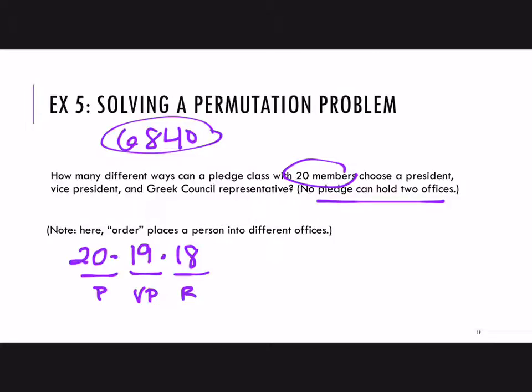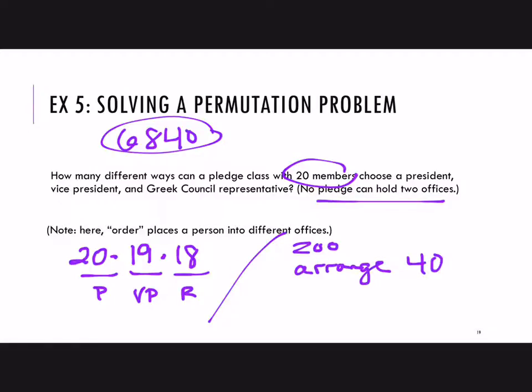So you might be wondering, why do we even need a formula? Why can't I just do this every time? Well, let's say that this was a question with 200 people, and you were choosing or arranging 40 of them.